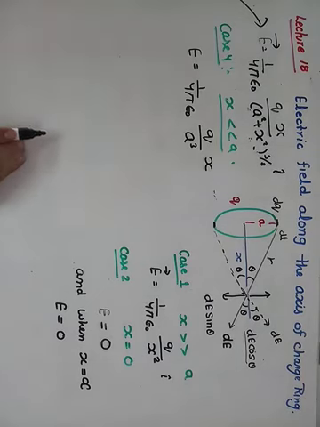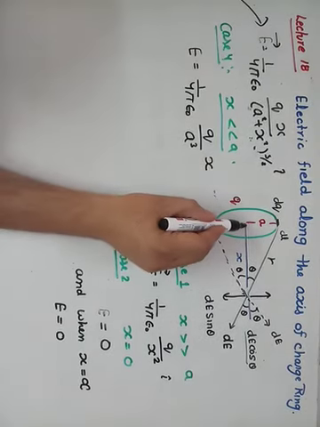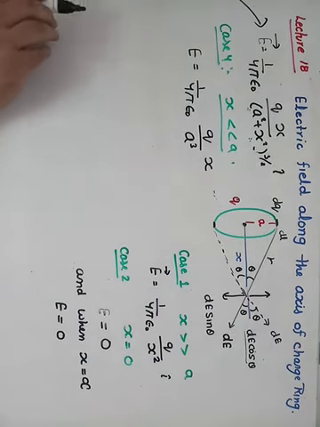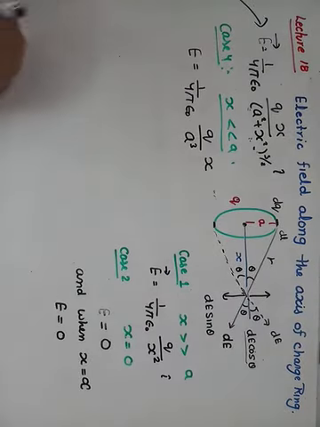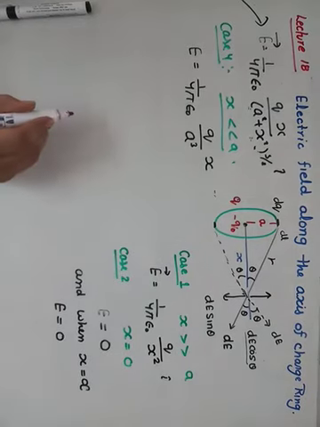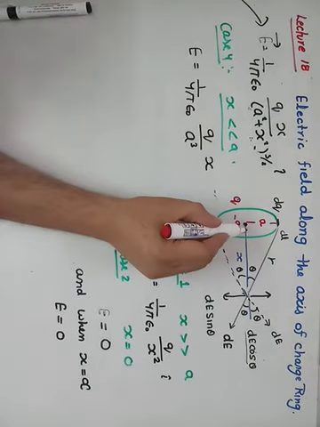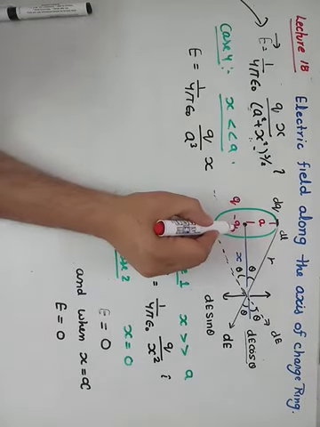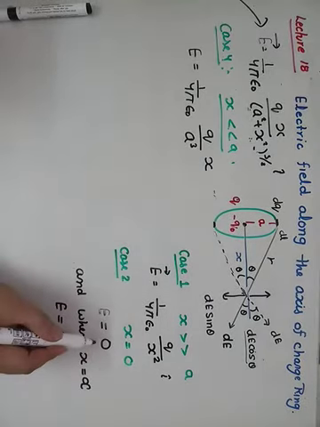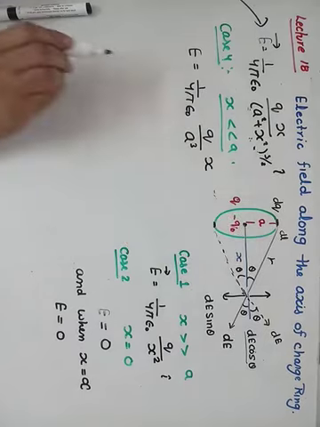Now, if we put a small negative charge at the center, say minus q naught, what will happen? The net force acting on it will be 0, since at the center the electric field is 0.